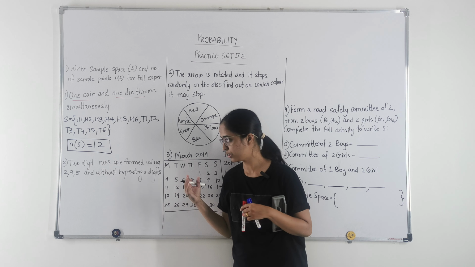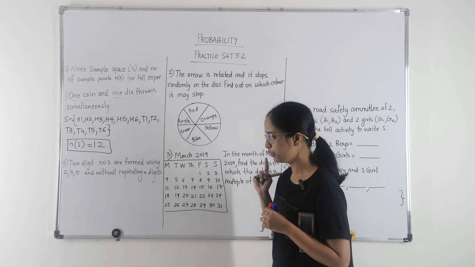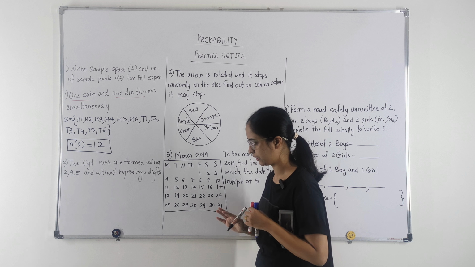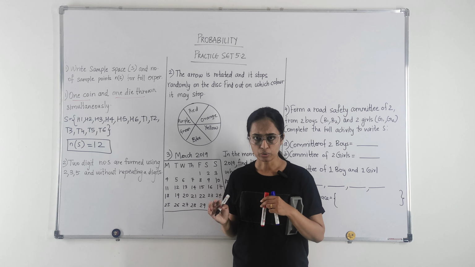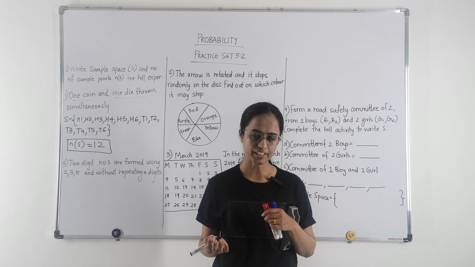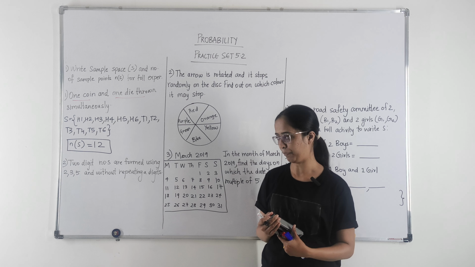Now let's move on to the next question, which is: 2-digit numbers are formed using 2, 3, 5 without repeating a digit. The question over here is you're again supposed to find the sample space, meaning you're supposed to find all possible outcomes for the given random experiment.